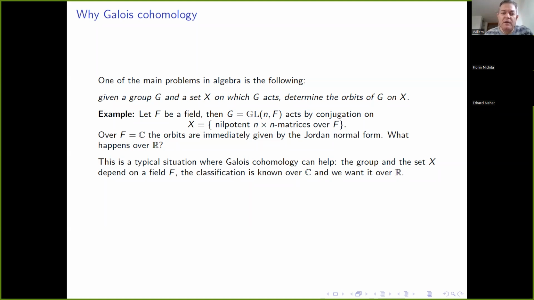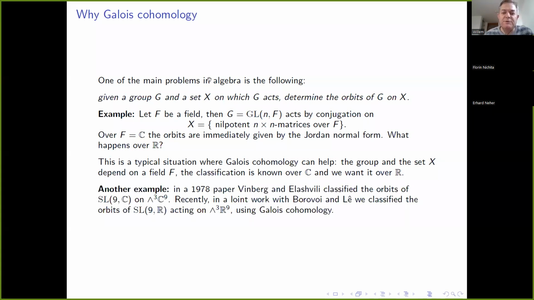Okay, and to give another example, as I said, this matrix example can be solved. I at least know of two ways to solve this. But here is another example of another project with Mikhail Borovoi, and that time also with Hong Van Le, where we classified the orbits of SL_9(R) acting on the wedge 3 of R^9.